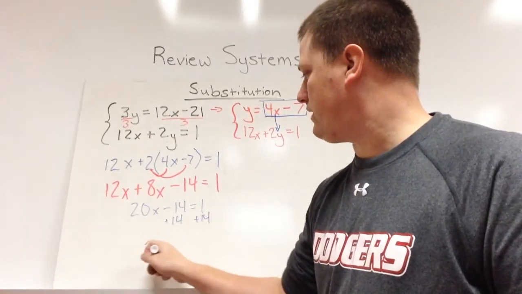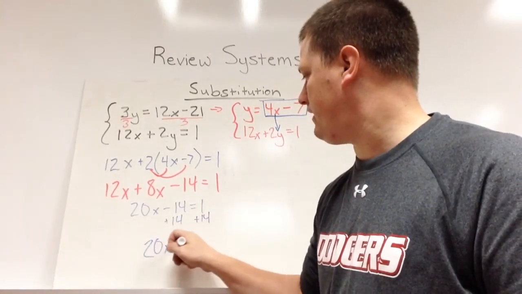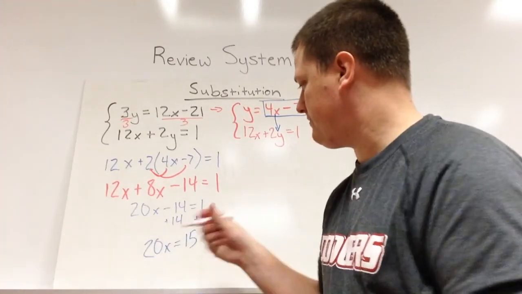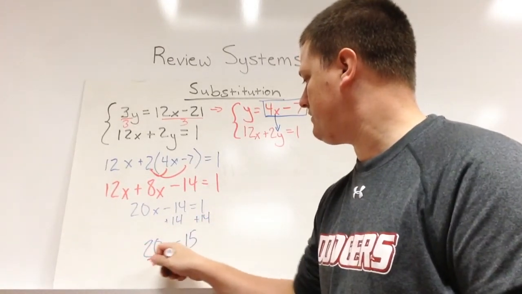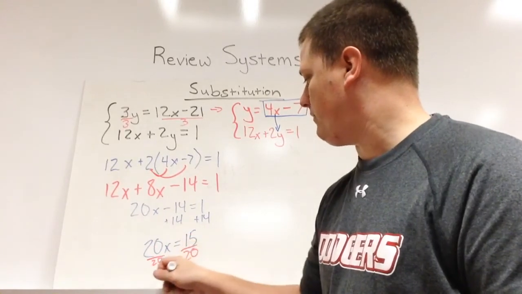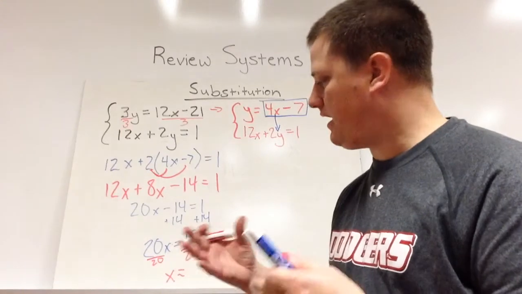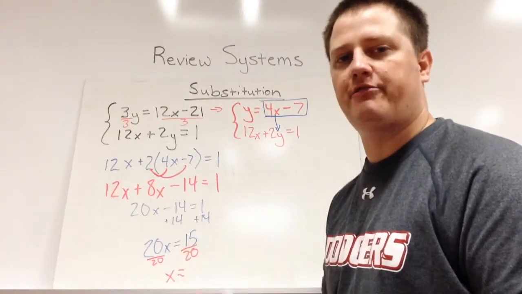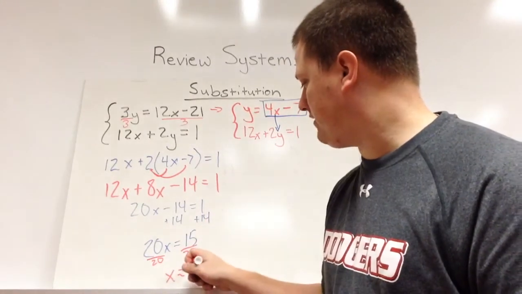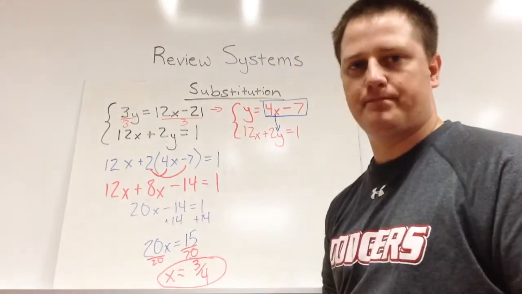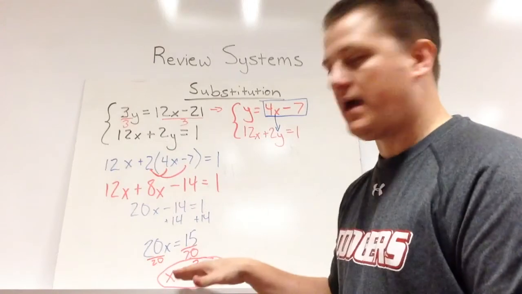So we're going to get 20x equals 15. We're then going to divide by 20. And we get x equals, well, you could divide 15 over 20 and turn it into a decimal. I'm going to leave it as a fraction. So 15 over 20 reduces to 3 over 4. Okay? So there's half of our answer.